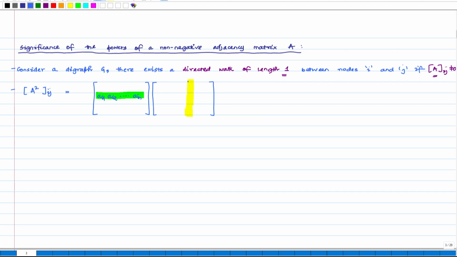Ai1 up to Ain, and similarly this is A1j up to Anj. Now, both of them are the matrix A, and I have just written what is A square, and the ijth entry is simply equal to the product of the ith row and the jth column.